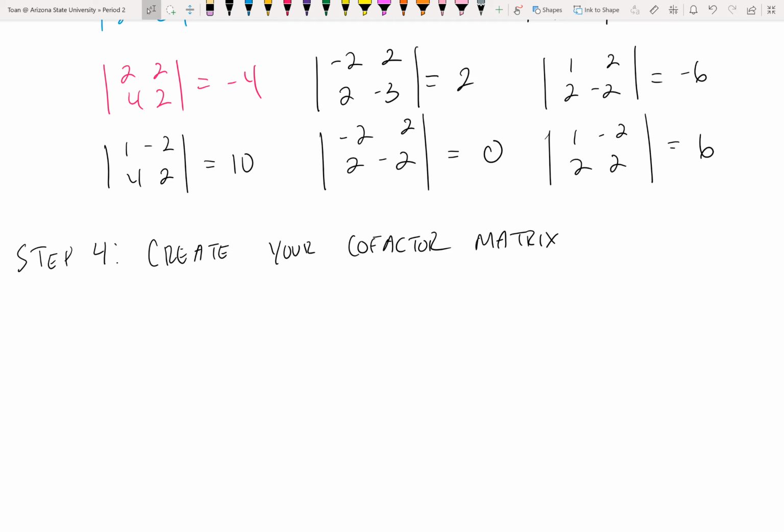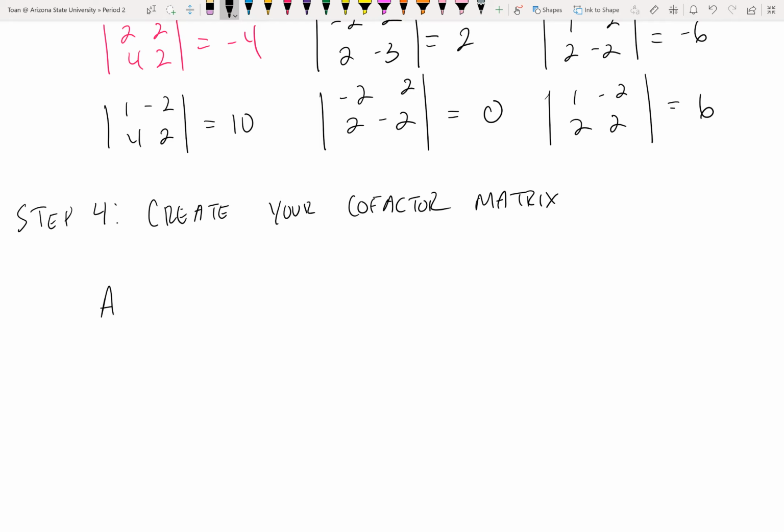So the cofactor matrix is the adjugate of the M, which is your M matrix times this pattern here. Top left is always plus. Can you guys remember that? Top left is always plus. Then all you have to do is alternate. Plus, minus, plus, minus, plus, minus, plus, minus, plus.